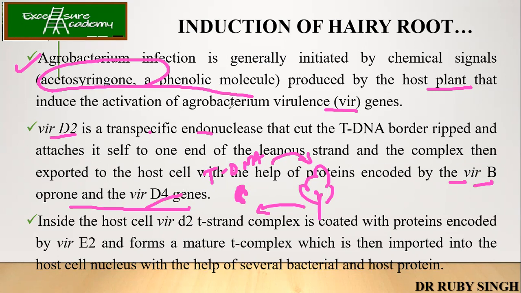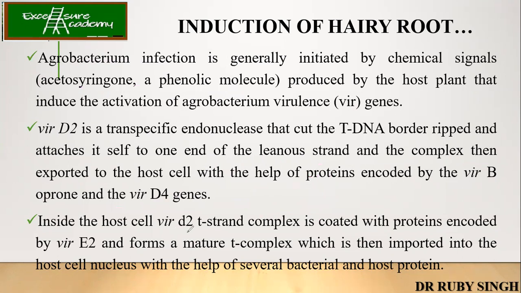Now, inside the host cell, the VirD2 strand complex is coated with proteins encoded by virE2. That forms a mature T complex. Then it is imported into the host cell nucleus with the help of several bacterial and host proteins. That's why I said slowly you need to increase the knowledge.